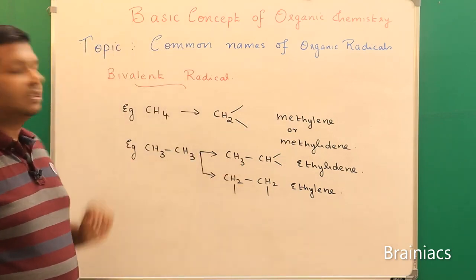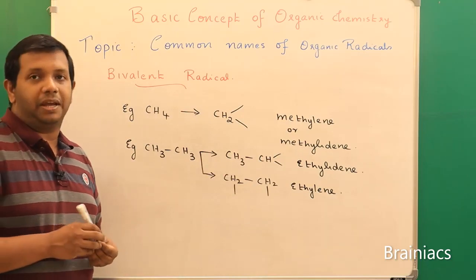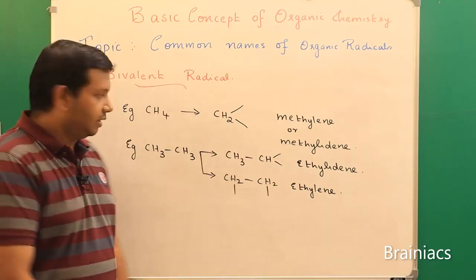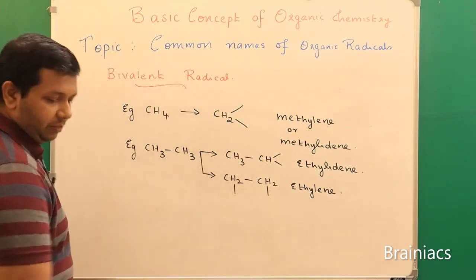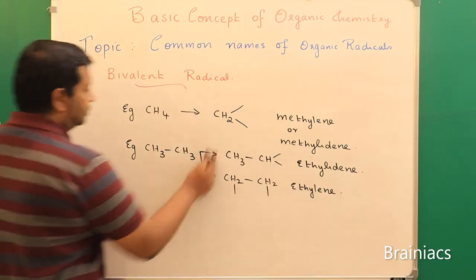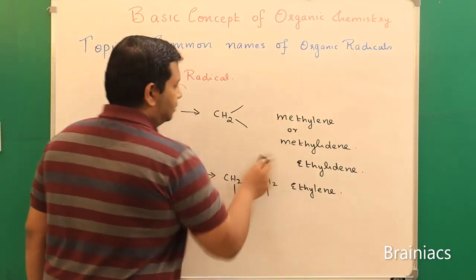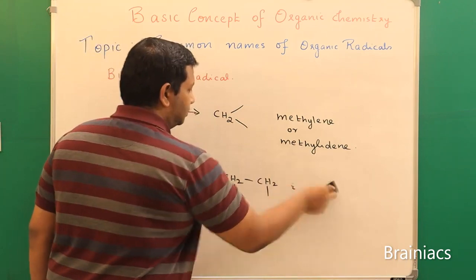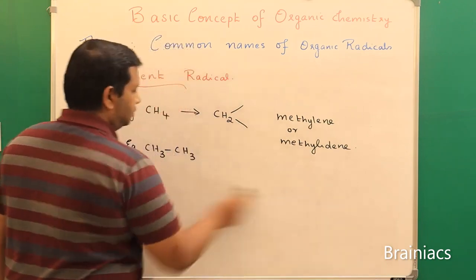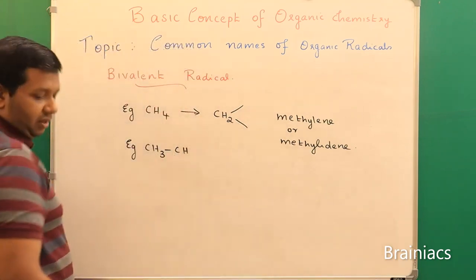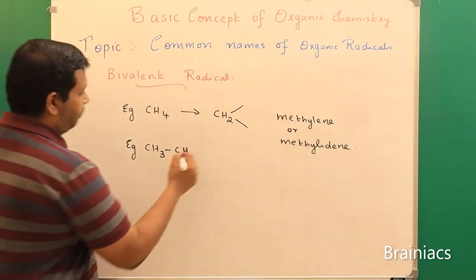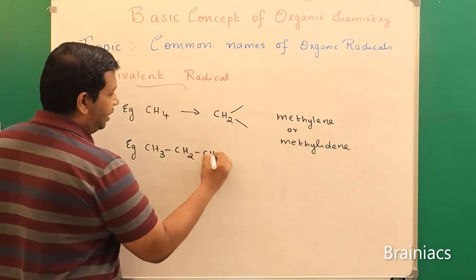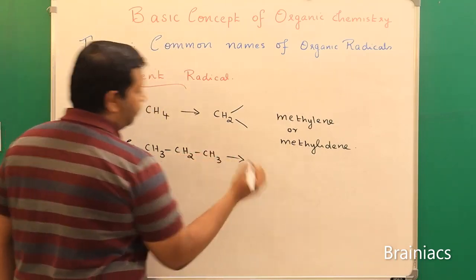Now we will take the third one, that is propane, and we will try to see the bivalent radical. Okay, so I will take propane CH3 and we will try to see the possibilities.